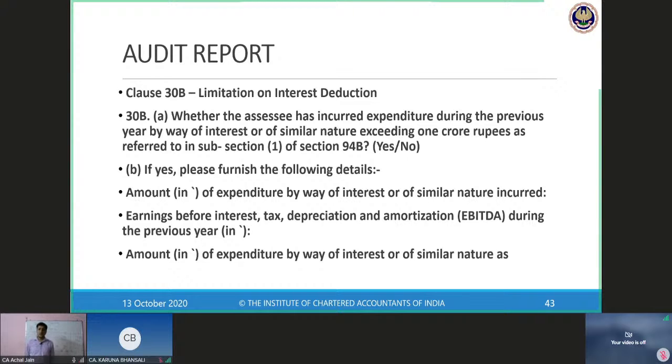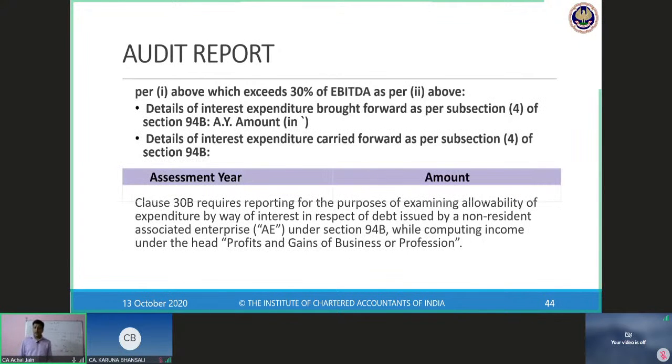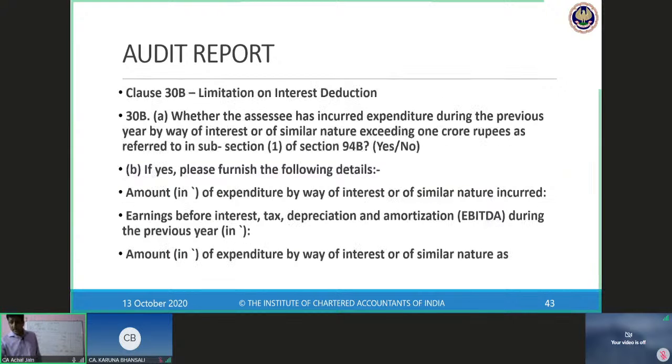Earnings before interest, tax, depreciation and amortization, something which is commonly called EBITDA, during the previous year. Amount of expenditure by way of interest or of similar nature as per 1 above, which exceeds 30% of EBITDA as per 2 above. So this amount is computed accordingly.